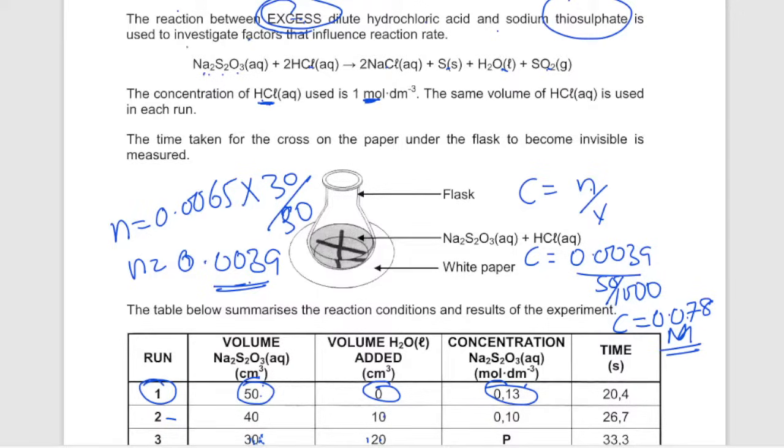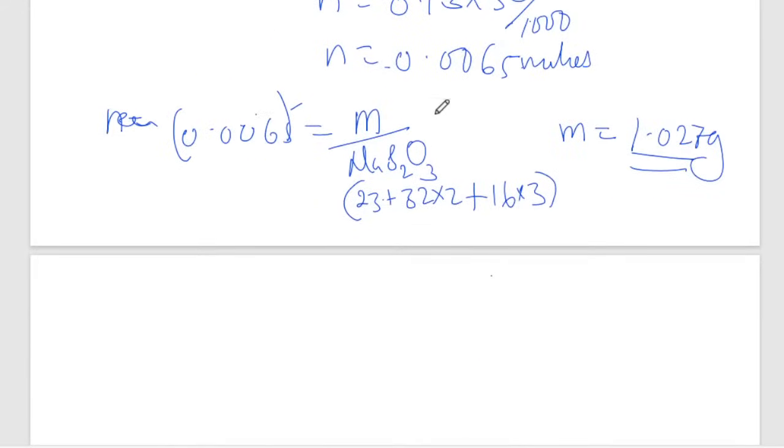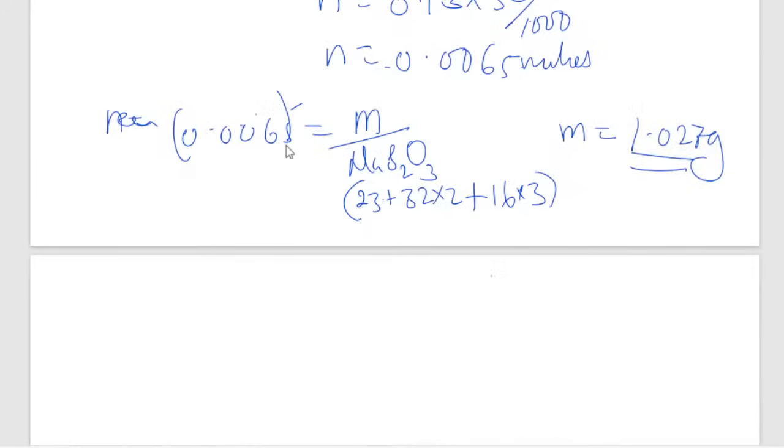Therefore, all of it was used up. When you're subtracting, remember, it's final minus initial. So all of it was used up. You understand? Yes. And even when you check here with the sulfur, you find out that it is the same thing.